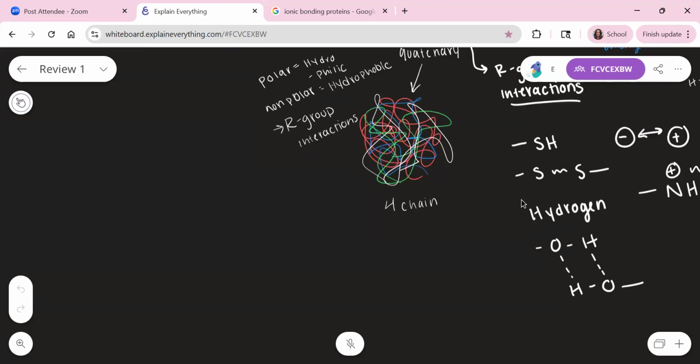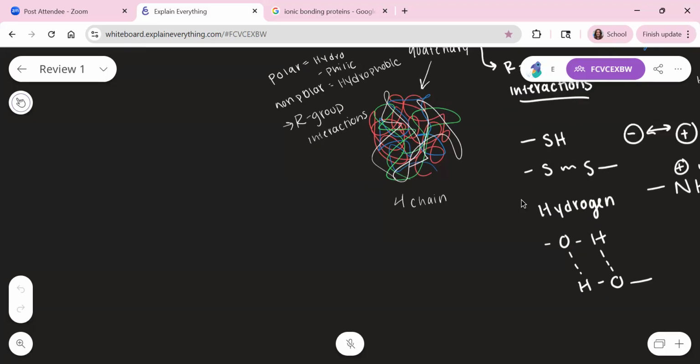And so when we have proteins in our body, remember how we're mostly made out of water, or just a cellular environment is going to be polar. Our polar amino acid R groups are going to start facing outwards. So if we have a bunch of water out here like this, and I'm going to draw this protein as just a circle. My polar amino acids are going to start facing outwards because they like water.